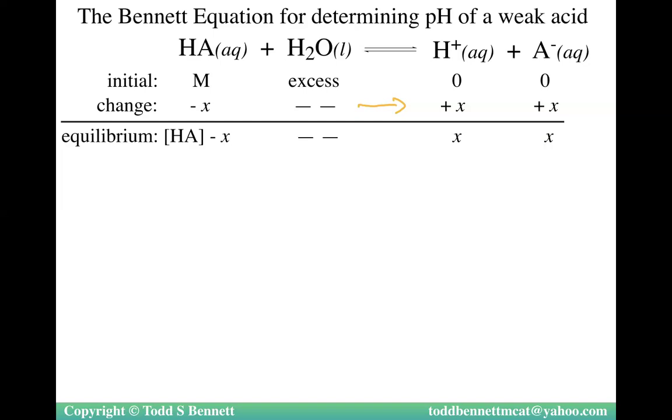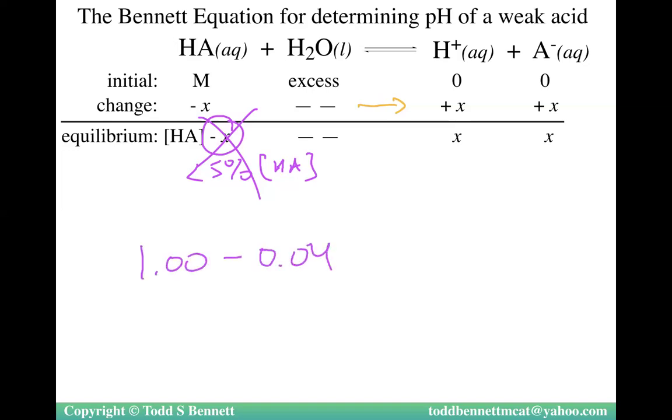Okay, here's a caveat that holds true no matter what, whether it's the Henderson equation or anything else, and that is the 5% rule. If X is less than 5% of HA, then we can ignore it. The reason for that, let's just toss numbers out here. Let's say that was 1.00 for HA, and I subtract 0.04.